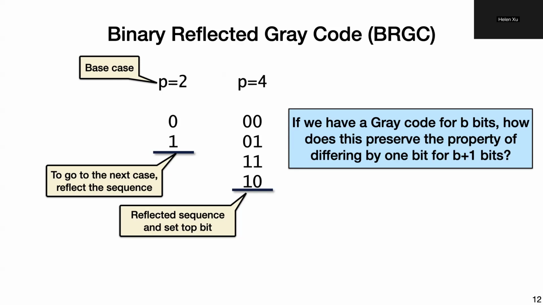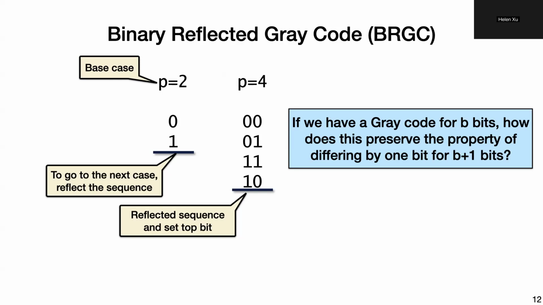Is it clear that it preserves the gray code property? Yes. So suppose you have already generated the gray code for p over 2, and you want to generate for p. Putting a 0 in the top bit for the first p over 2 keeps the numbers the same, because a number is the same if you put a 0 in the most significant bit.